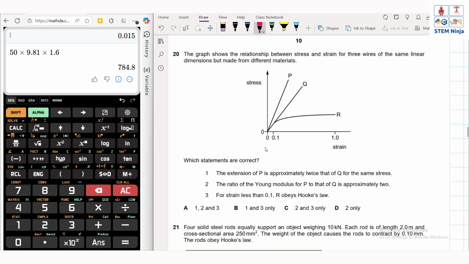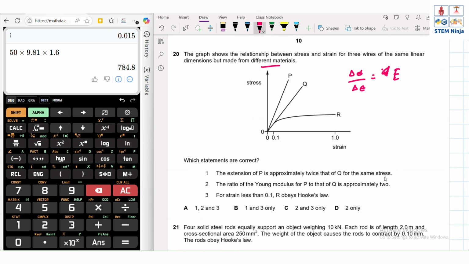The graph shows the relationship between stress and strain for three wires of the same linear dimensions but made from different materials. Which statement is correct? We know that the gradient of this graph tells us the Young modulus, E. The extension of P is approximately twice that of Q for the same stress.